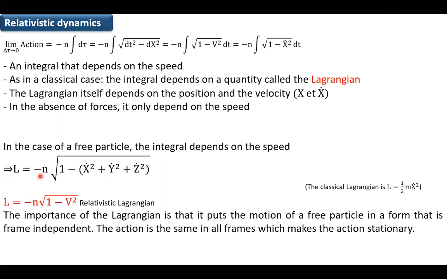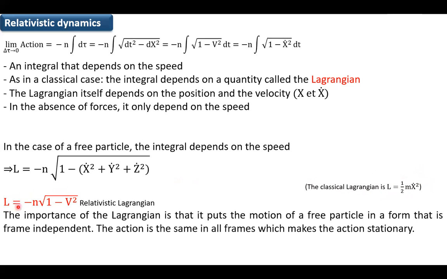So our Lagrangian is minus n radical of 1 minus v squared, which is the relativistic Lagrangian. Or if you remember, the classical Lagrangian is half m x dot squared, or half m v squared, for a free particle. So the Newtonian Lagrangian of a free particle is like the kinetic energy, half m v squared.